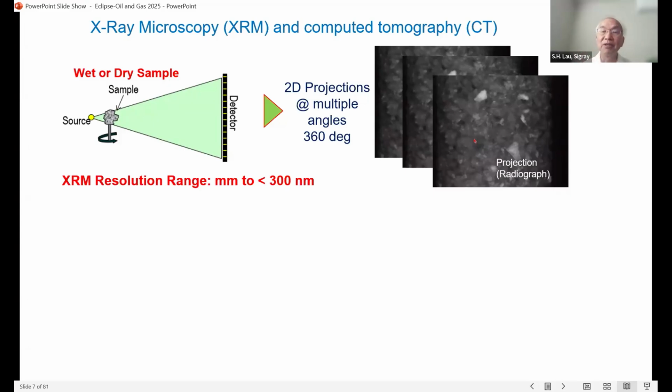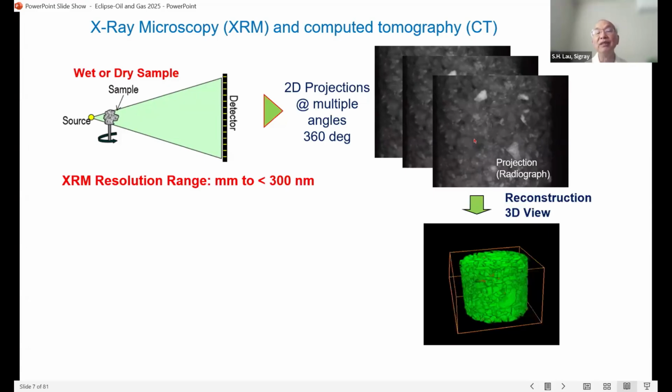Eventually you get maybe hundreds of 2D projections. When you get all this, you use tomography reconstruction software, which will create a 3D data set or 3D image.